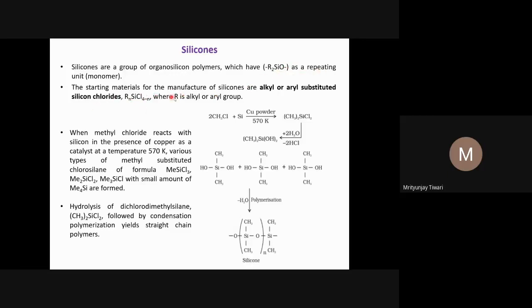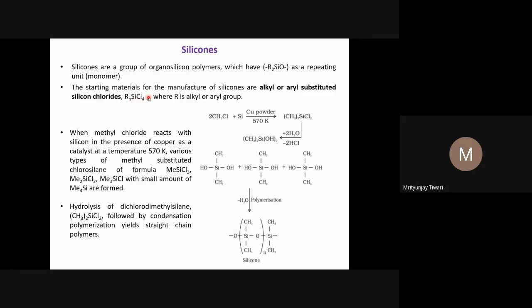The starting materials for the manufacture of silicones are alkyl or aryl substituted silicon chlorides. Although the monomers are different, the starting materials are different. In the monomer, this oxygen is there, but we start with silicon chloride. These silicon chlorides have alkyl or aryl substitution. The alkyl is the R group, and aryl could be the benzene phenyl group or some other groups. The formula of silicon chloride is SiCl4.